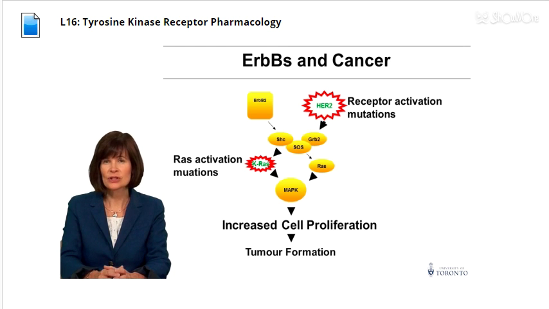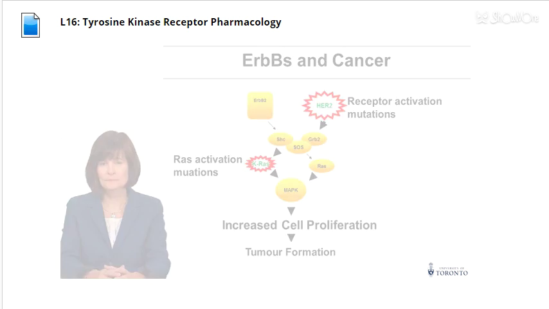Another type of mutation that is common in many types of cancers is the mutation in the RAS protein. These mutations result in RAS being active for a longer time than normal RAS proteins, so that signals through the ERBB receptors will last much longer than normal and result in a prolonged stimulation of cellular growth.